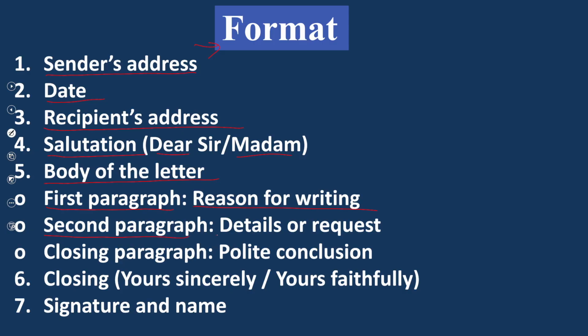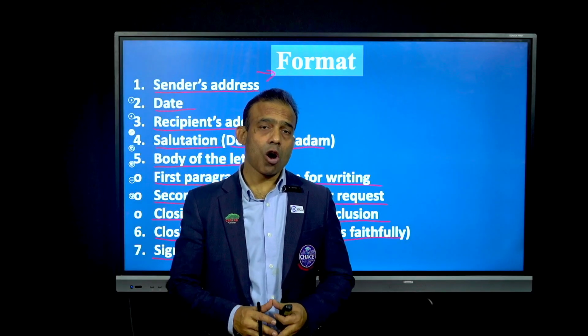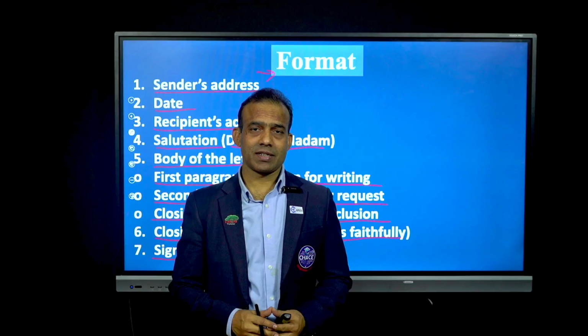Second paragraph will be about details or request. Next, closing paragraph with polite conclusion and closing. Yours sincerely or yours faithfully, and then signature. This is the simplest format, dear students. This is the simplest format of any letter.